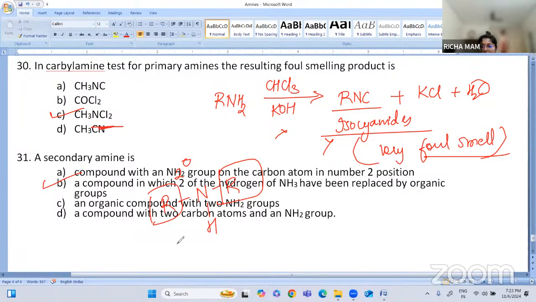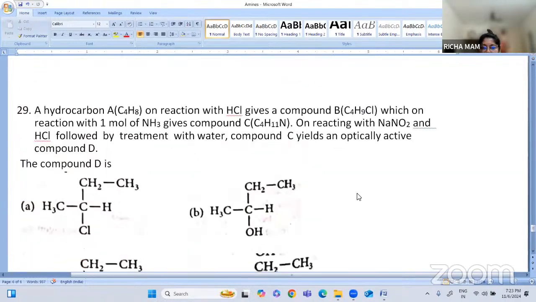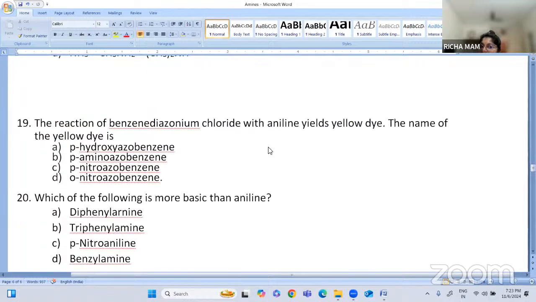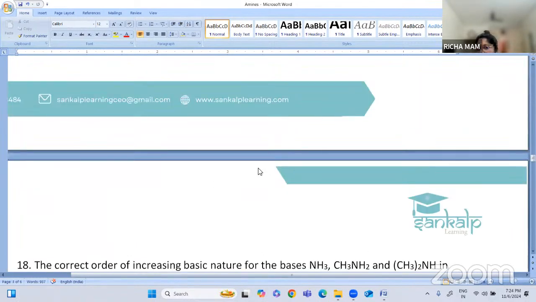Got it? So these were some of the questions on the chapter amines. This completes your chapter amines. Any doubts? Amines is a very easy, very scoring topic. Very important name reactions are there. All the name reactions are important.